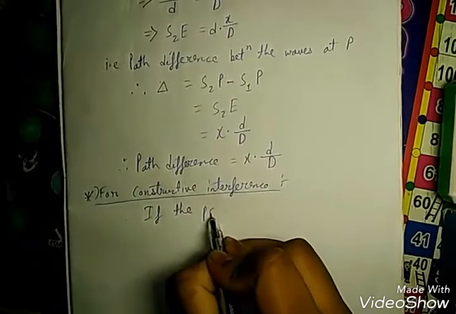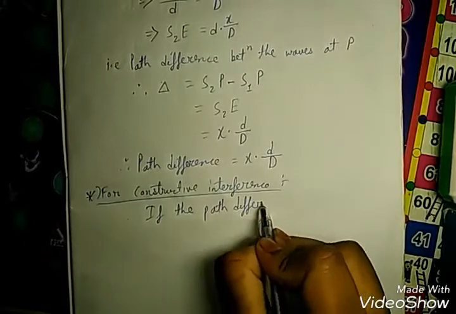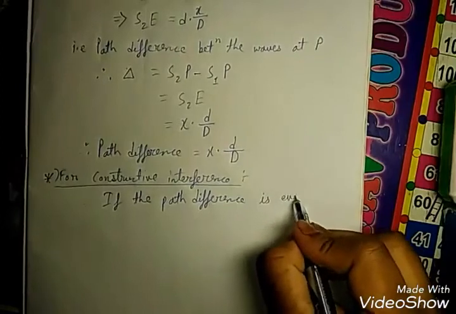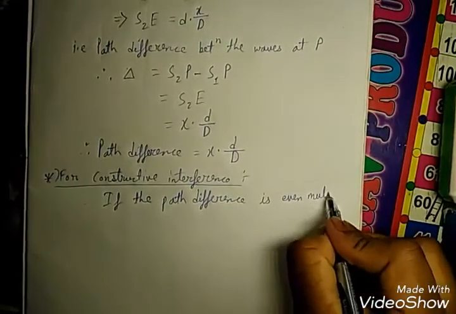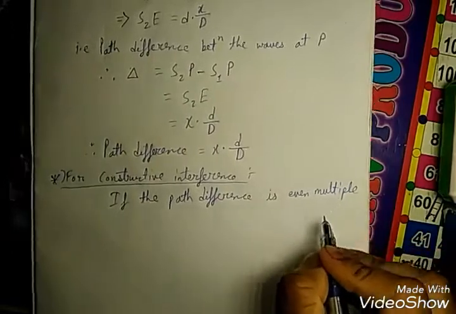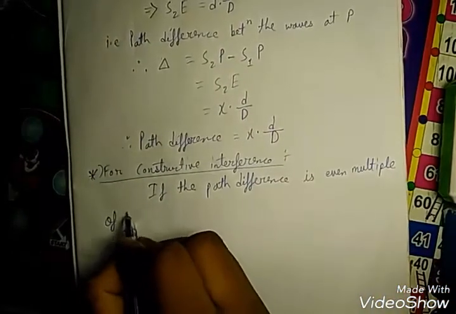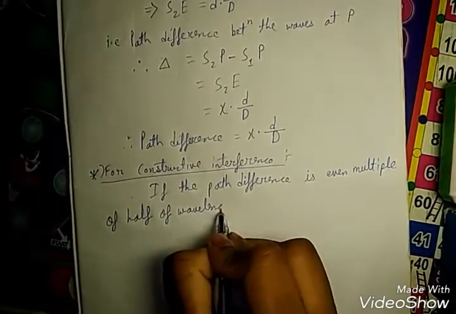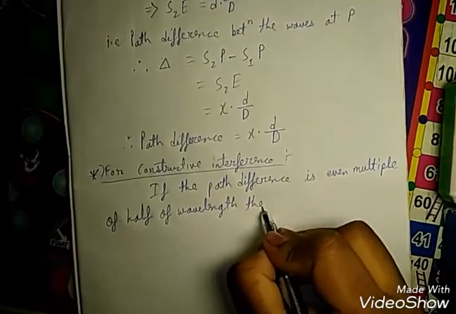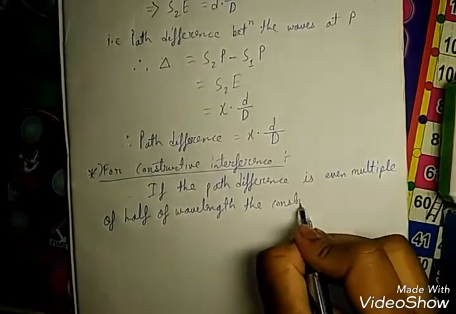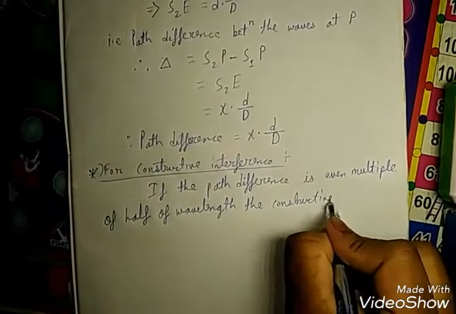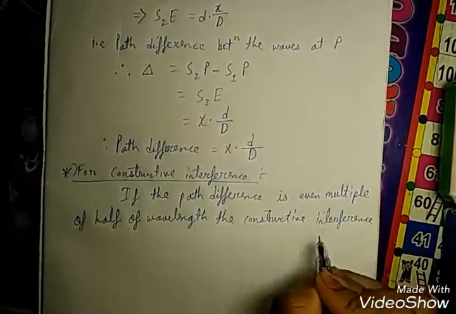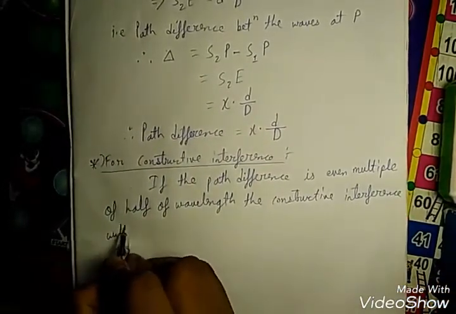If the path difference is an even multiple of half of the wavelength, then constructive interference will form.